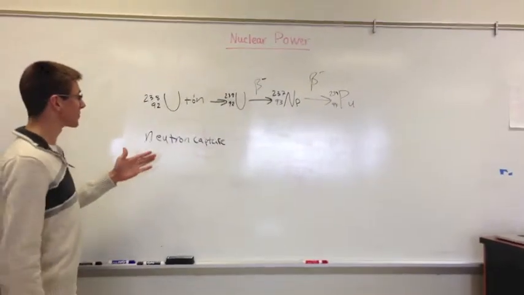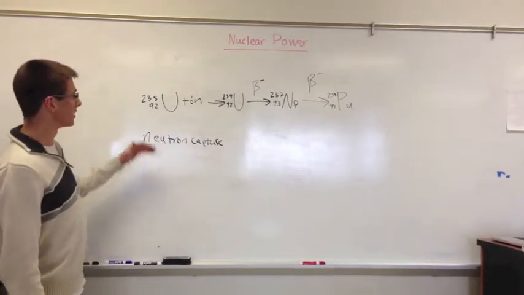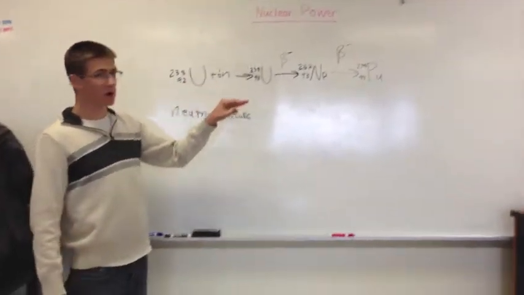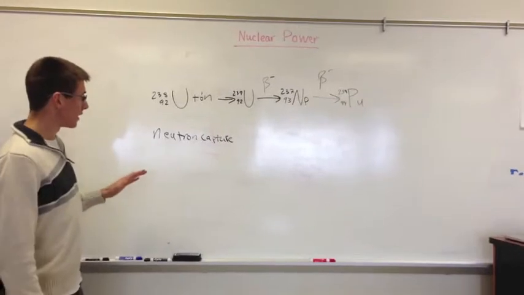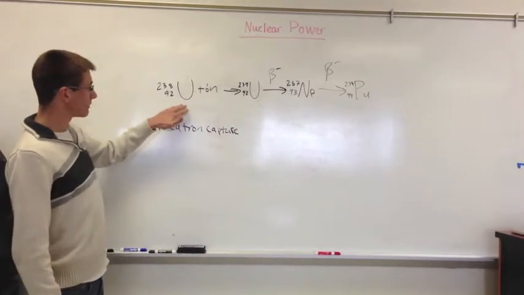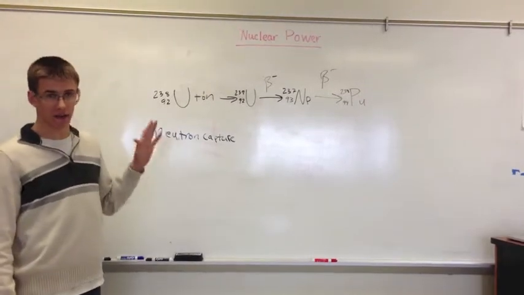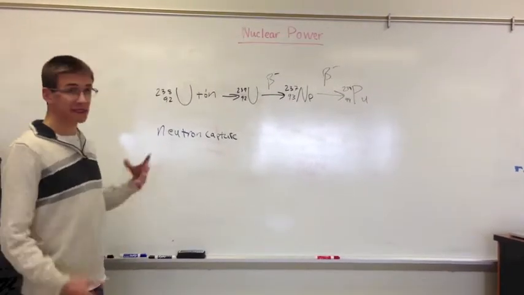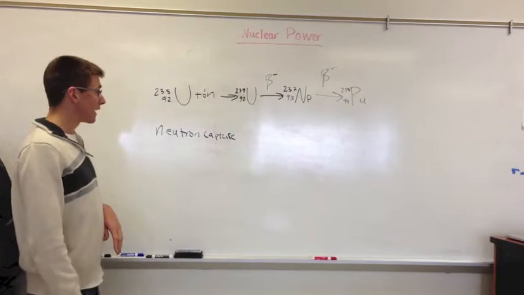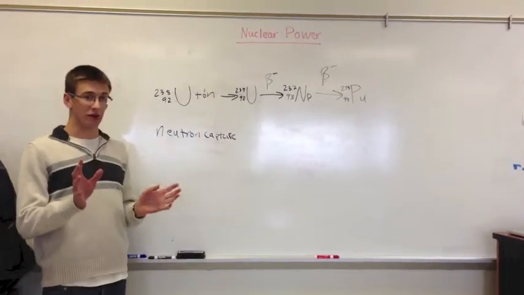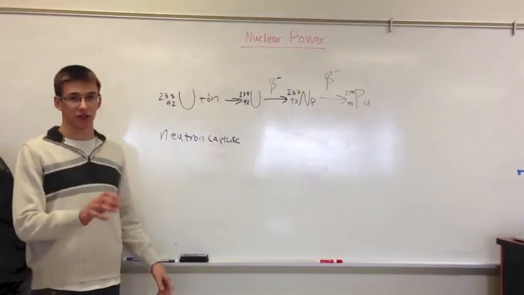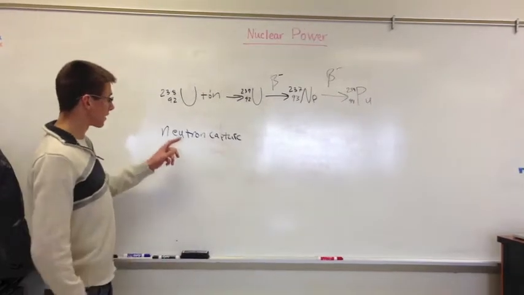Alright, so in this section we're going to be discussing the use of uranium and plutonium as nuclear fuel. Uranium has an isotope, uranium-238, which is a pretty common isotope. It's a stable isotope though. If you bombard uranium-238 with neutrons, it'll capture a neutron.